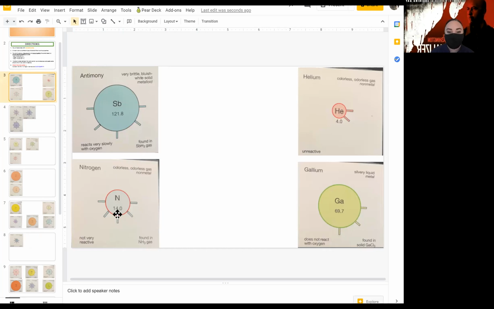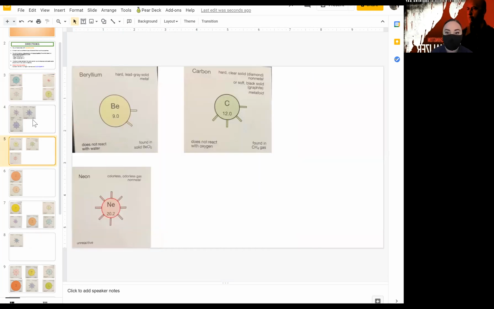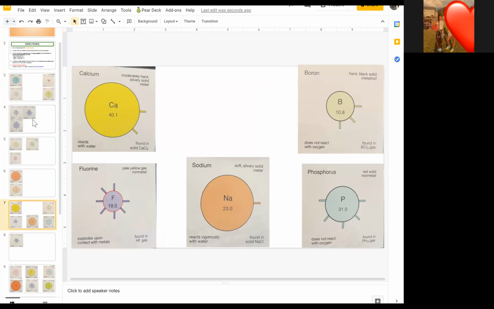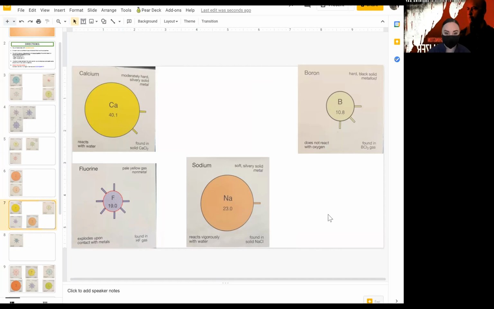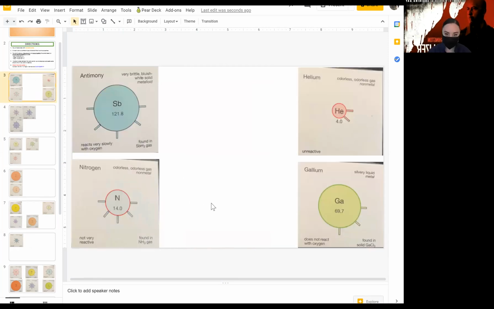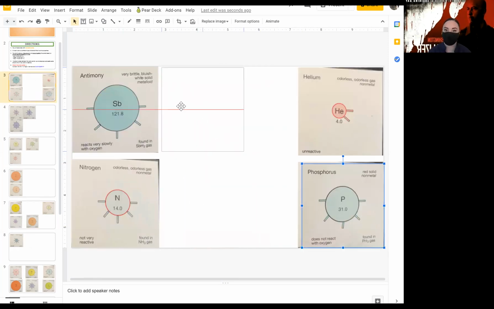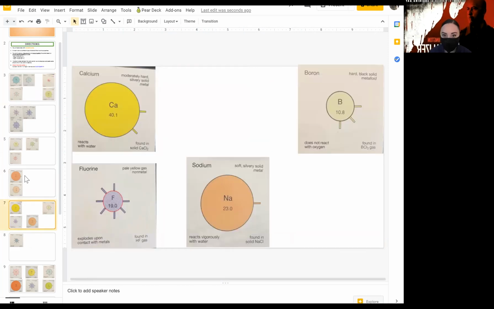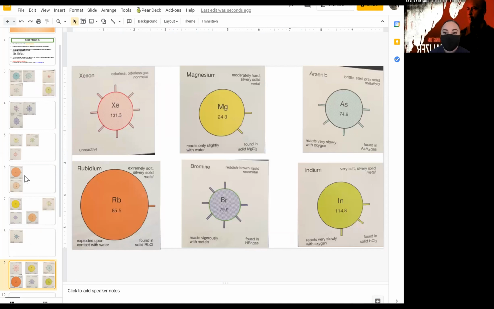So again, we see that nitrogen and antimony have 5 sticks here. So let's see, can we find any others here that would be like this? P for phosphorus. Okay. All right, keep clicking through. Anything on this slide? Arsenic.